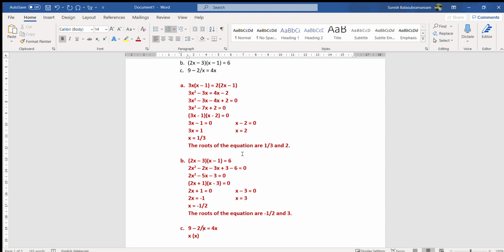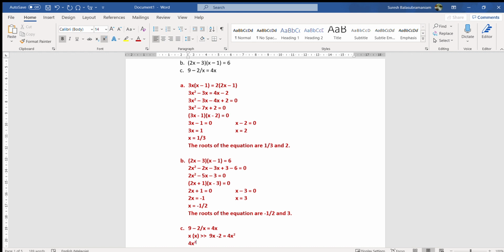So multiply the equation with x. What I will get is 9x - 2 = 4x². Okay, so rearrange the terms.